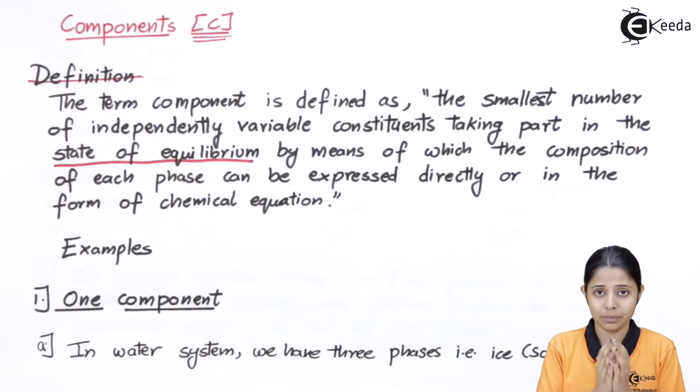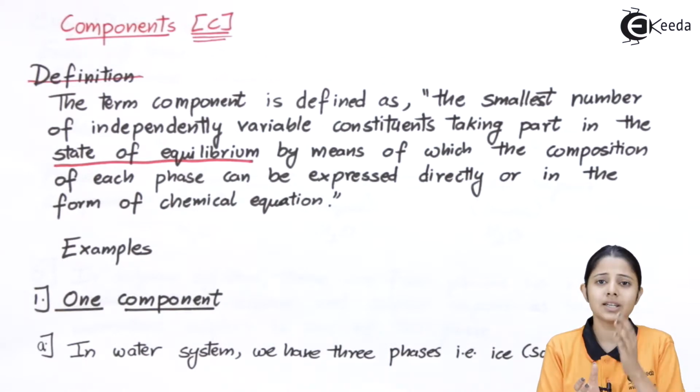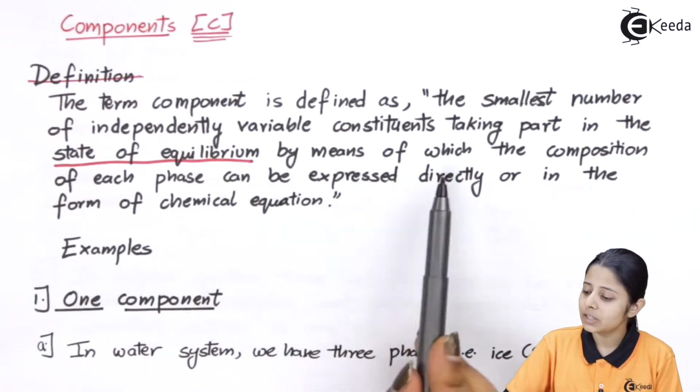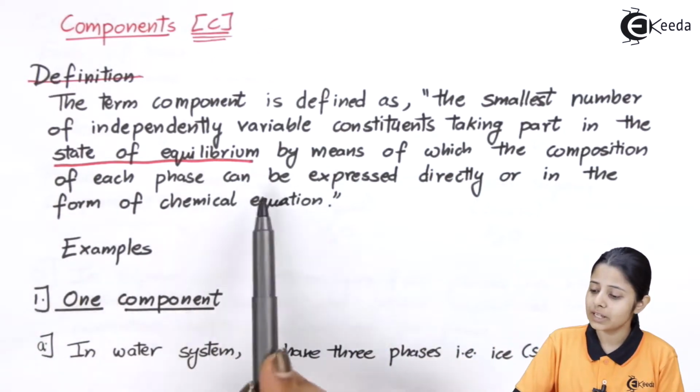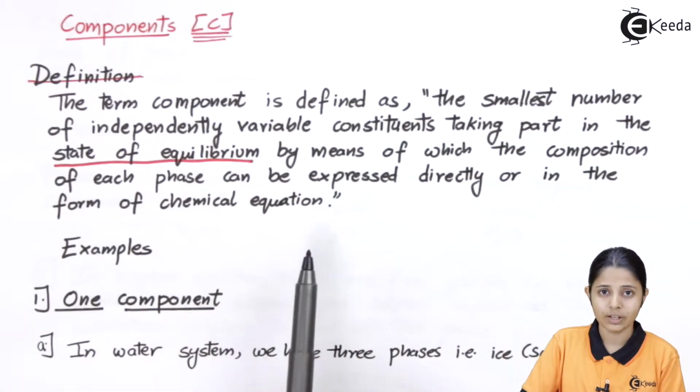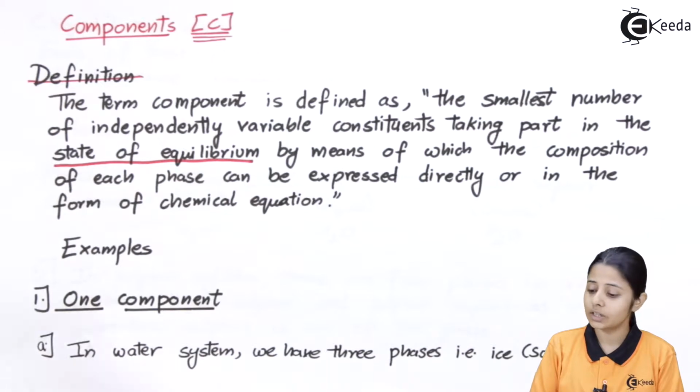That is the equilibrium form, or that is the equilibrium point of it, where the same substances is in different forms or in different phases, by means of which the composition of each phase can be expressed directly or in the form of chemical equation. We'll see examples of such wherein you can see each phase distinctly.